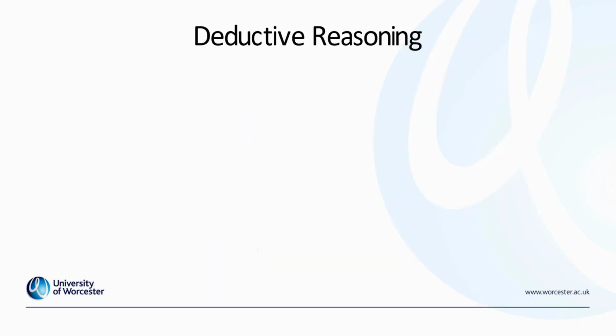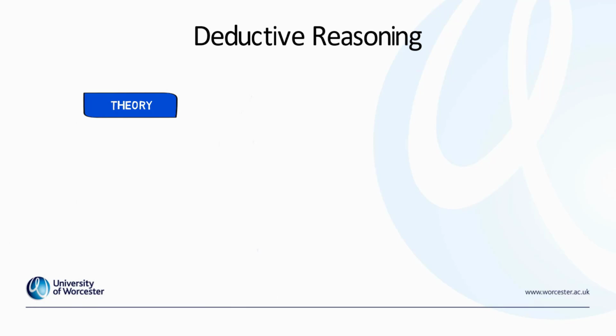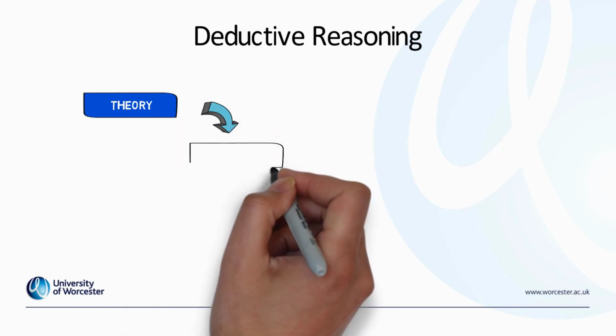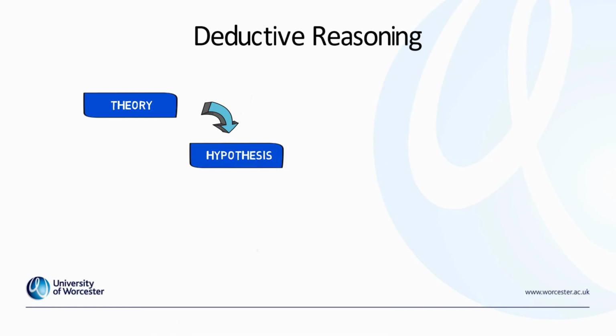So the process of deductive reasoning starts off with a theory, which we normally build and develop from reviewing the literature, then seek to develop a hypothesis or series of hypotheses to test whether these hypotheses are accurate or inaccurate in our context and scenario.